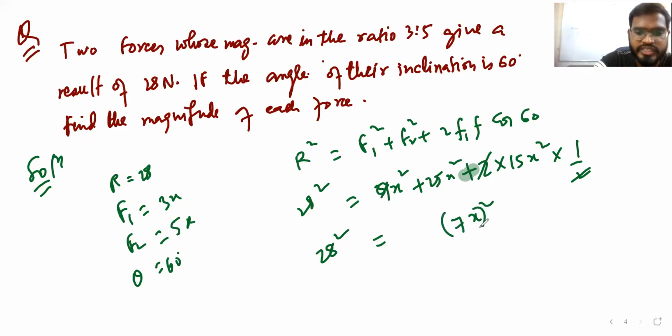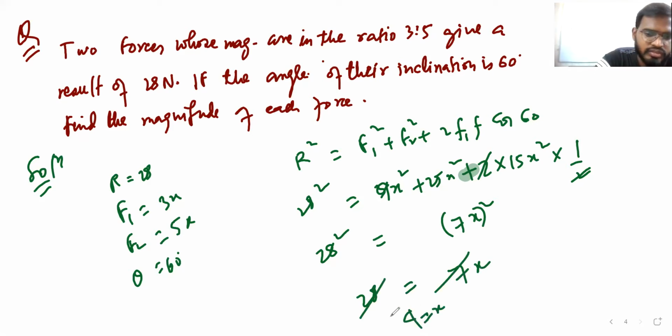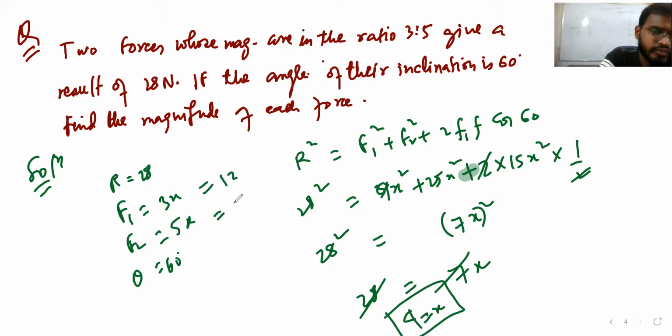So like this we can say. Now square is same, so 28 we can remove, and then 7x. So x is equal to how much now? 4. So now we can say F1 is 12 and F2 is 20 Newton. So this type of question they may ask from here.